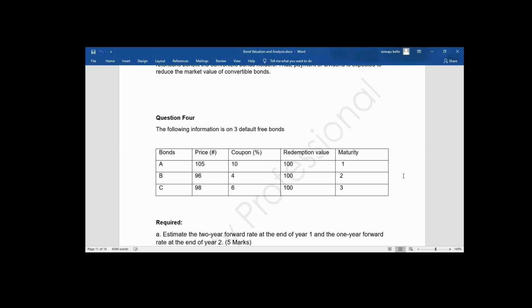Now, to calculate your forward rates, I recall we stated the formula last week. Please, I'm going to enable the whiteboard.